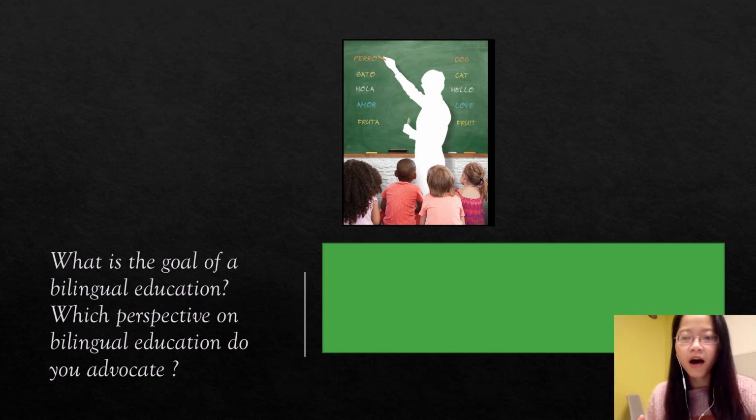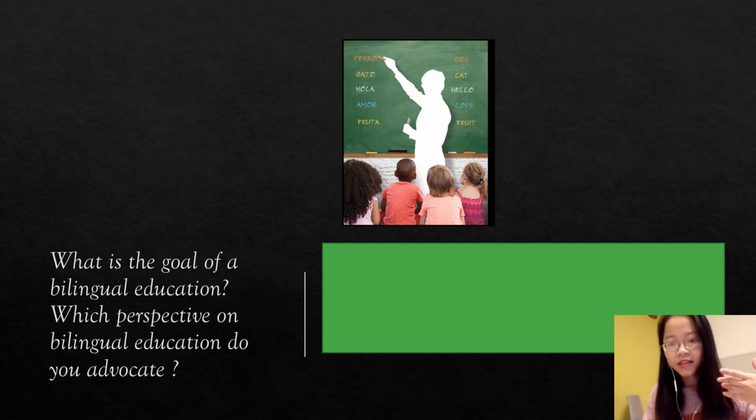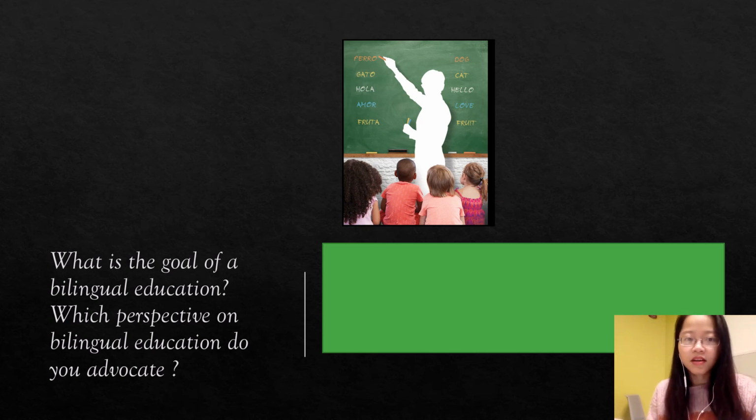We have talked about linguistic theories, the linguistic development, the cultural, the identity development of a bilingual student. So do you support a bilingual education, and do you think it is practical for bilingual education to develop in the United States, in China, in France, in Japan, in Spain?